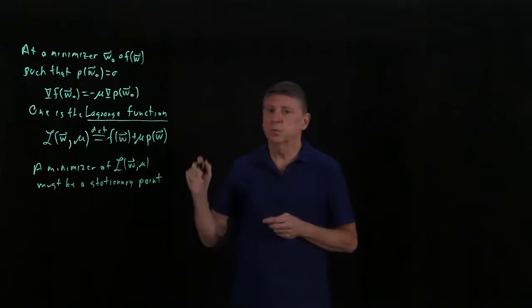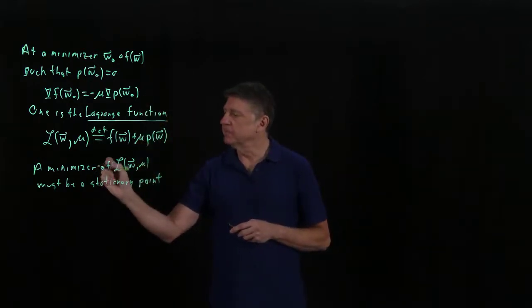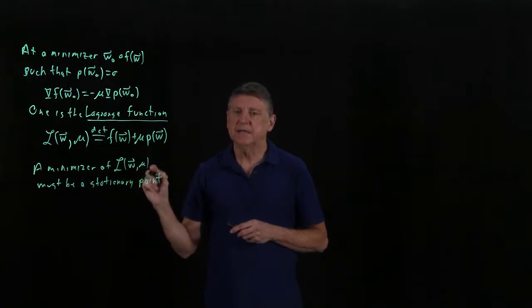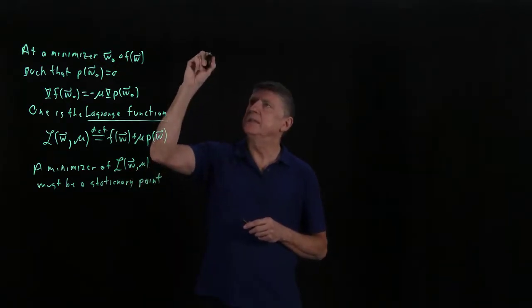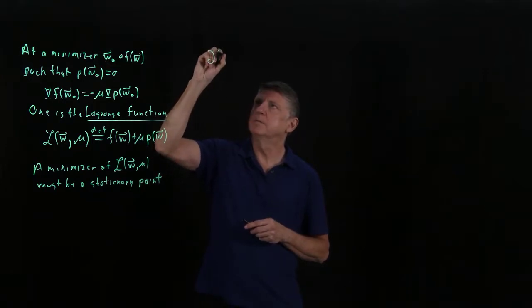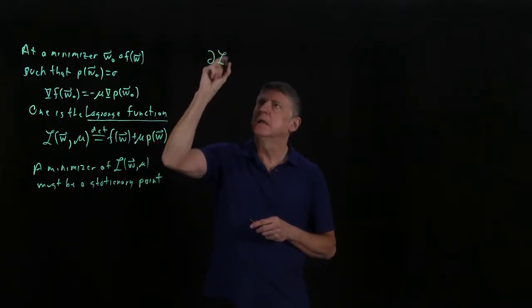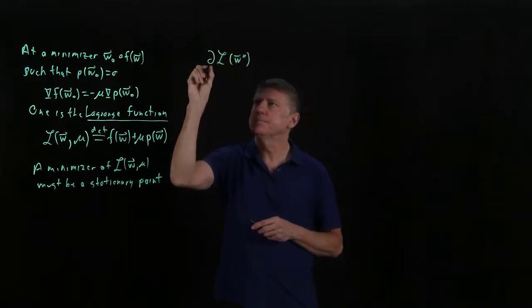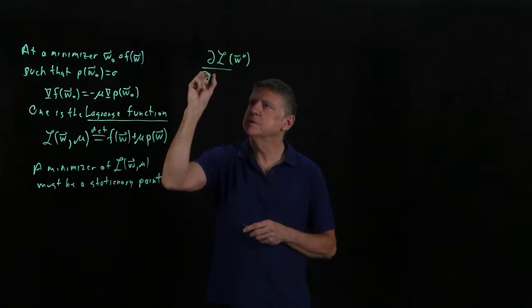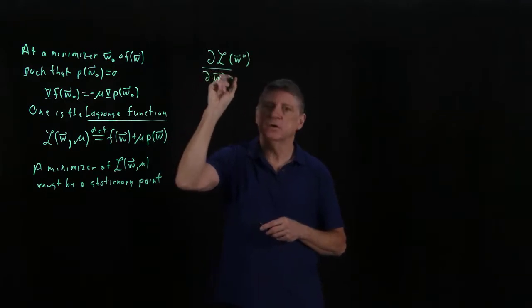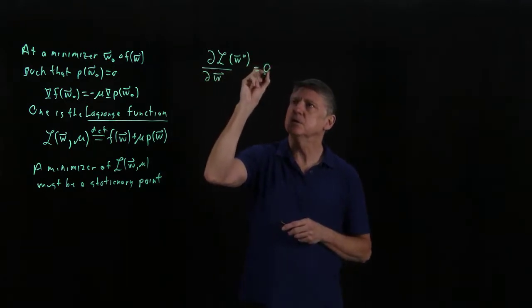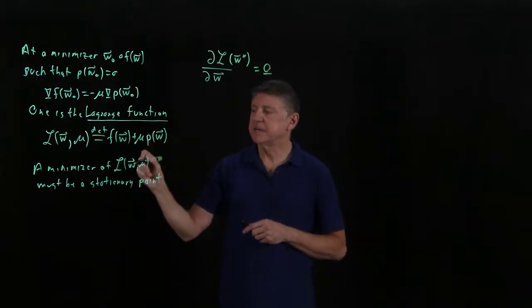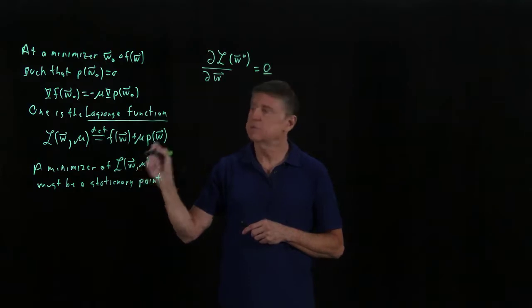So for this to be a stationary point, the partial derivative of the Lagrange function, evaluated at a W star, with respect to the vector argument has to be a 0 one-form. That is, it has to be stationary with respect to this bunch of the variables.